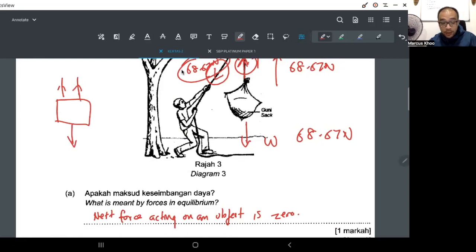These are 3 forces already. So I will say a situation where the total force, or the resultant force, acting on an object is 0. Don't say 2 objects, definitely not 2 objects.